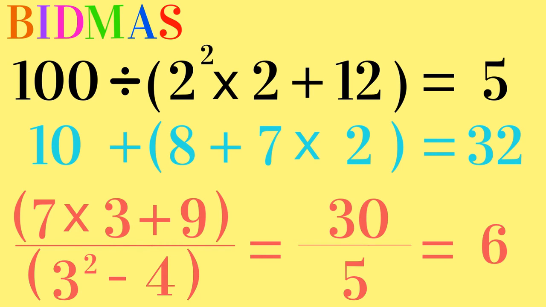One trick with BIDMAS is that if you have several division and multiplication operations in a row, then you can do them in order from left to right, rather than taking all the division operations first, followed by the multiplications.